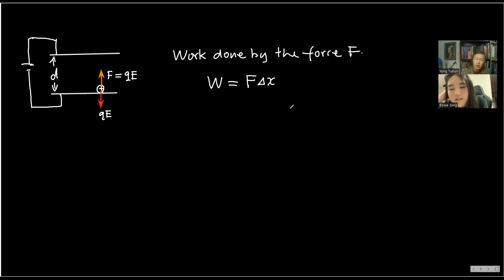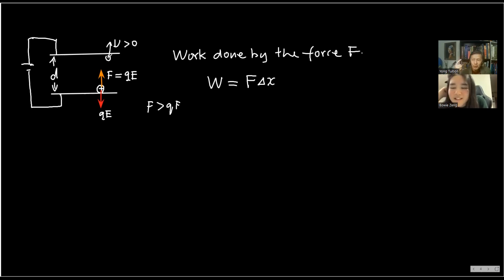But normally the force is larger. In other words, if F is larger than QE, then at here the charge will have kinetic energy, the gain of velocity. Do you agree? Yes. Extra, if you do more than necessary, that velocity will be larger than zero. It's a sort of experiment, not a real experiment.